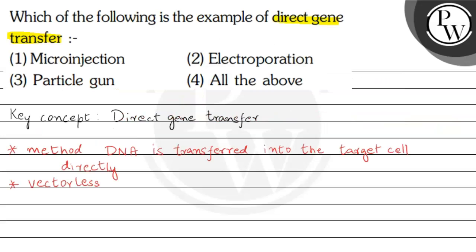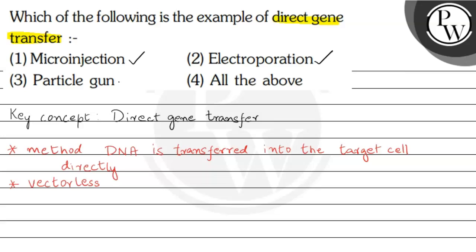Now, if we see the options given over here, then the first option says microinjection. Microinjection is a type of direct gene transfer, as we just studied. The second option says electroporation. Again, electroporation is also a type of direct gene transfer. And the third option is particle gun.